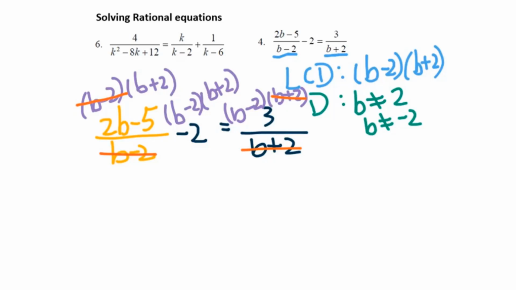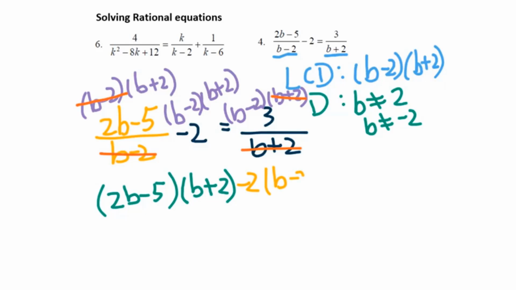Then what's remaining? I have 2b minus 5 times b plus 2. Then minus 2 times b minus 2 times b plus 2 equals 3 times b minus 2.